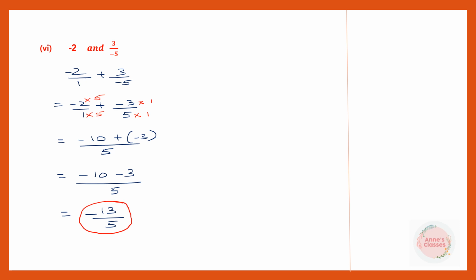Now let's change the order and add. So 3 by minus 5 plus minus 2. We are changing the order. So let's transfer the minus sign to the numerators. This becomes minus 3 by 5 plus minus 2 by 1. Now the LCM is 5 itself. Look at the first rational number. Denominator is 5. So 5 ones are 5. Minus 3 into 1 is minus 3. Plus the second rational number.